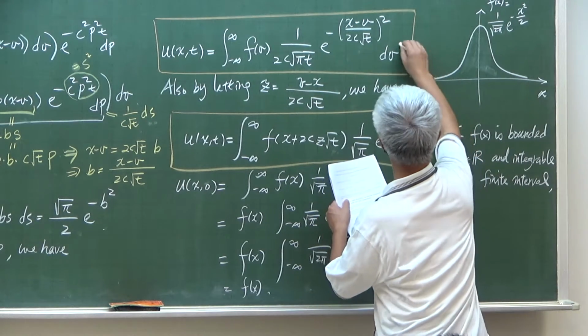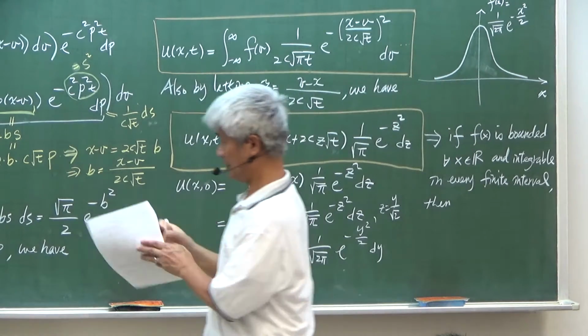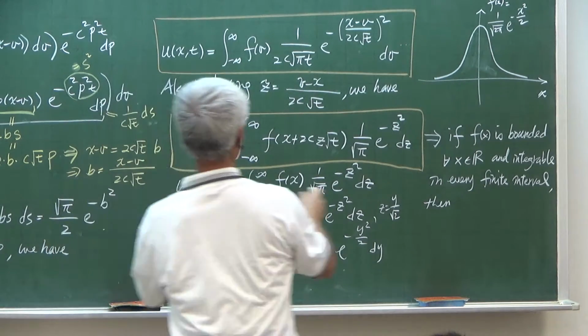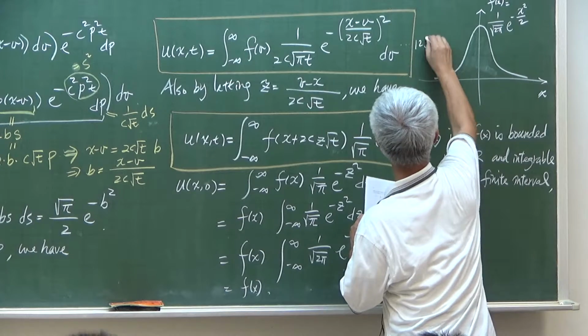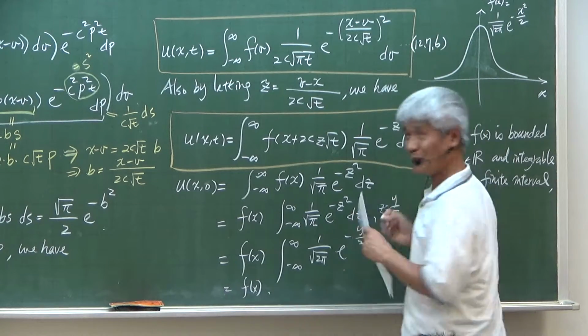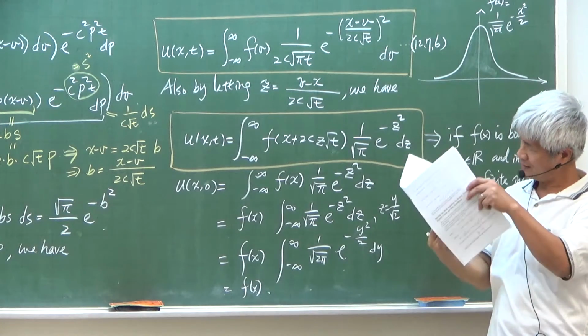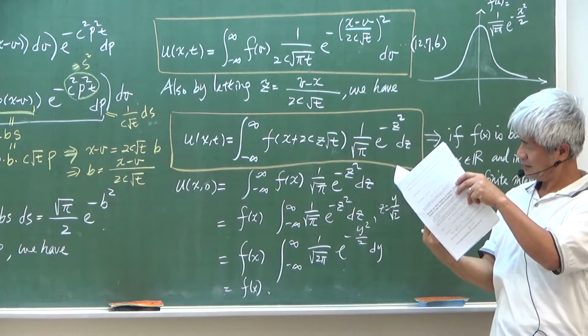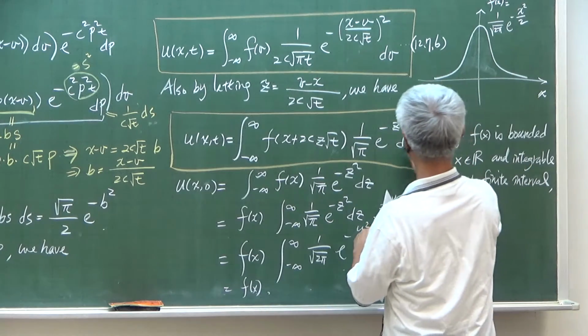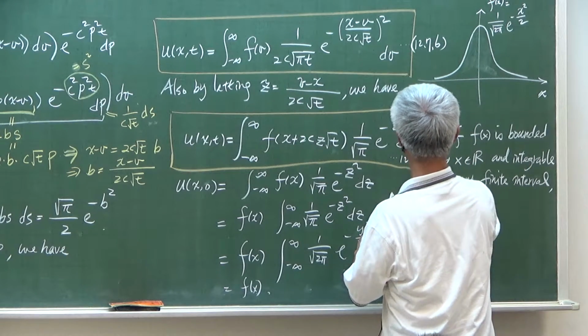So let me see. I forgot our equation number. Is this 12.7.6? I suppose, because I think we used up to 5, right? Yeah, 6, so this is 12.7.7.